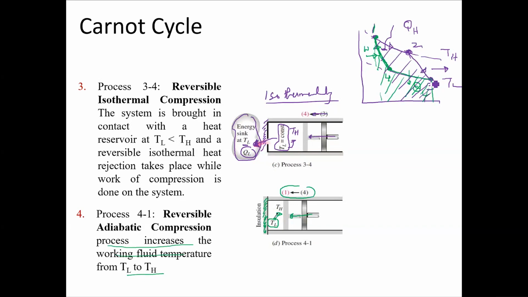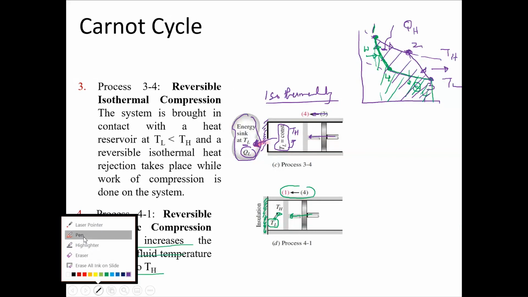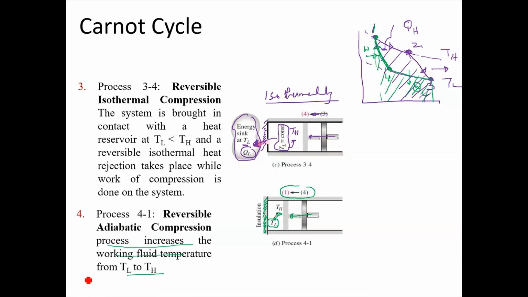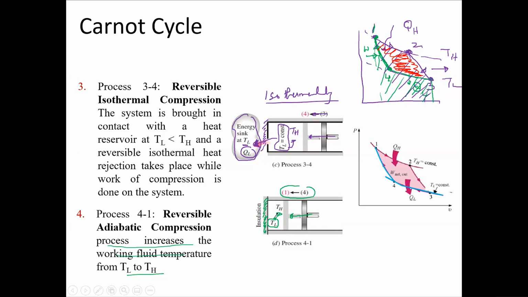The area under the curve 3, 4, 1 is the region where you have supplied work to the system. The remaining portion, enclosed by the boundary of 1, 2, 3, 4, is the net work which is produced out of the cycle. So the net work out is the central region enclosed by these four states. Is this clear to you?